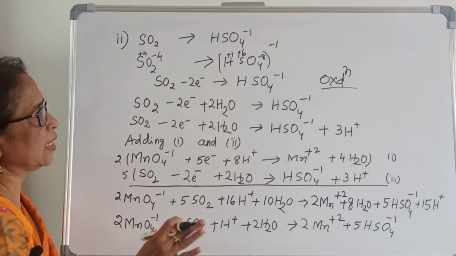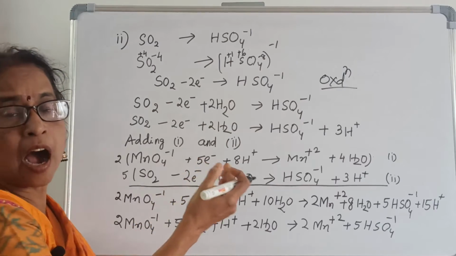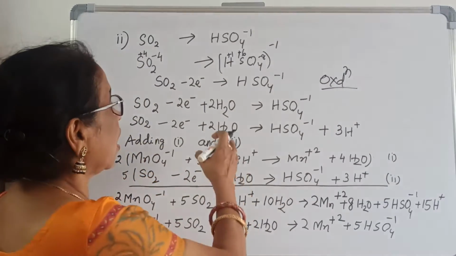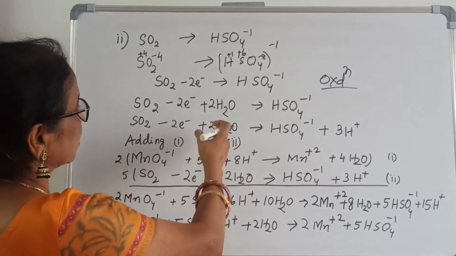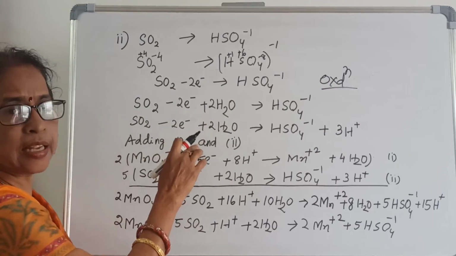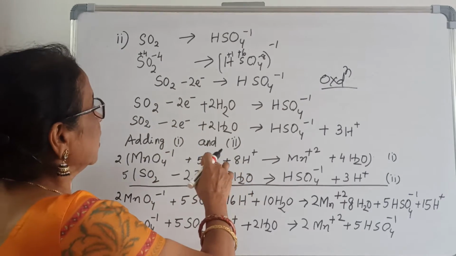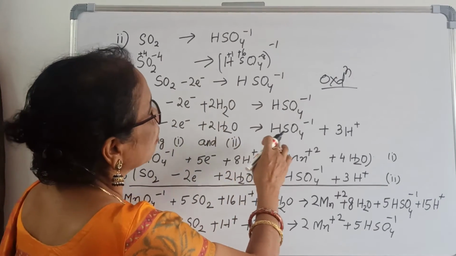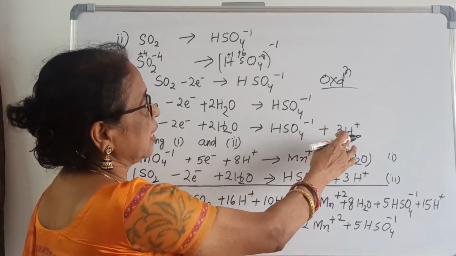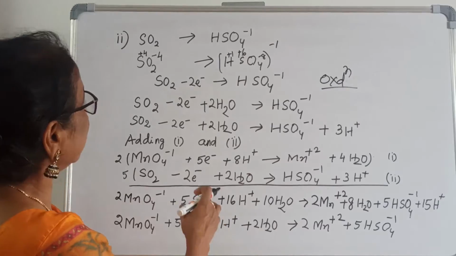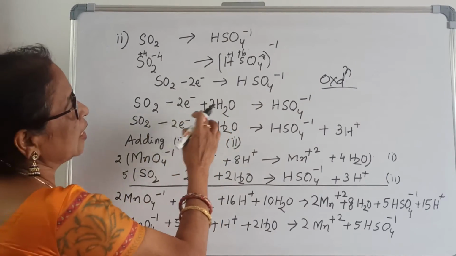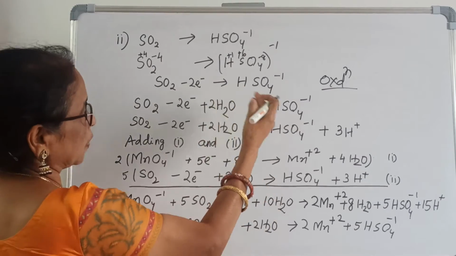Now oxygen is balanced. After oxygen I will check the balancing of hydrogen. There are 4 hydrogen on the reactant side and 1 hydrogen on the product side.